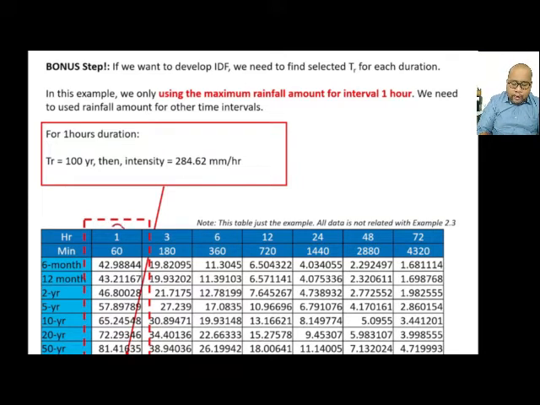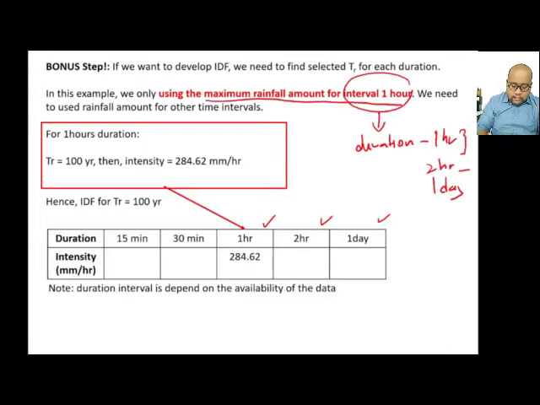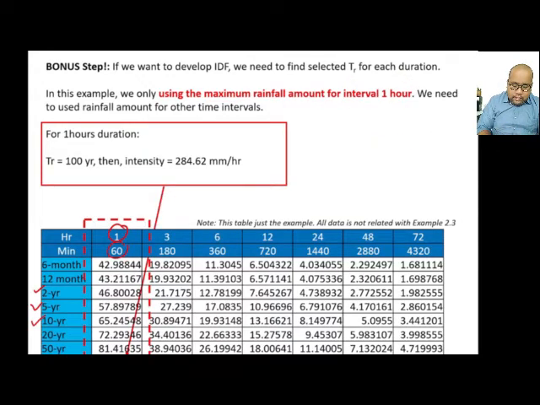We have 1 hour, which equals 60 minutes, and then we find the ARI, the return period, for 2 years, 5 years, 10 years, until 100 years. And if you are more diligent, you can find 12 months, 6 months.